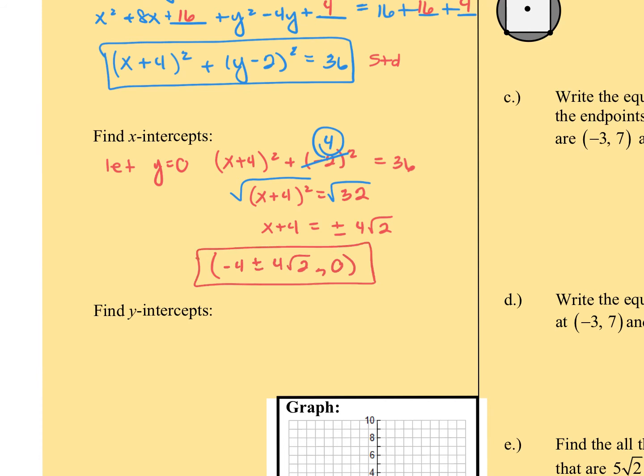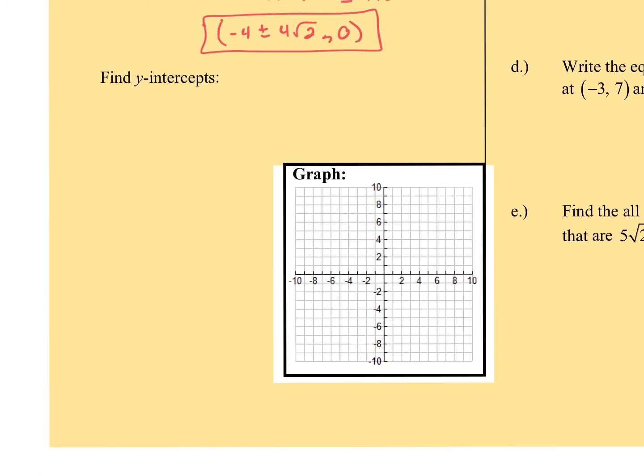Now, continuing on, I can do a similar process with the y-intercepts. Same exact idea, except this time we're going to let our x value equal 0. And when we let the x value equal 0, we're going to end up with a 4 squared. Sorry, I lost my equation there for a second.